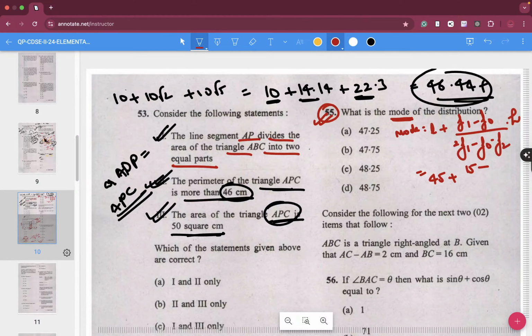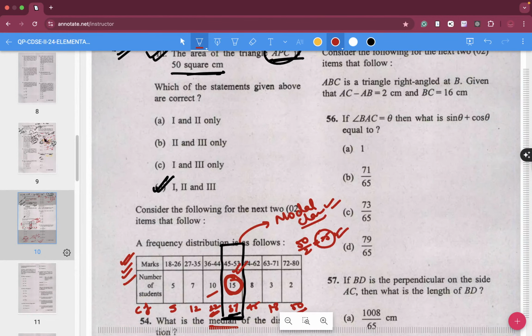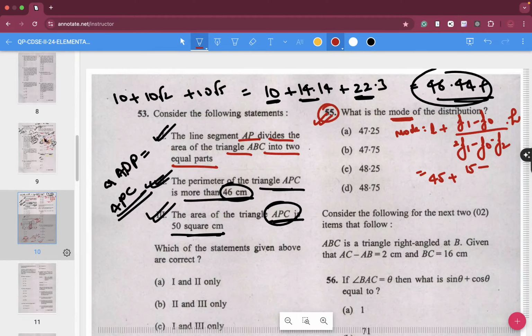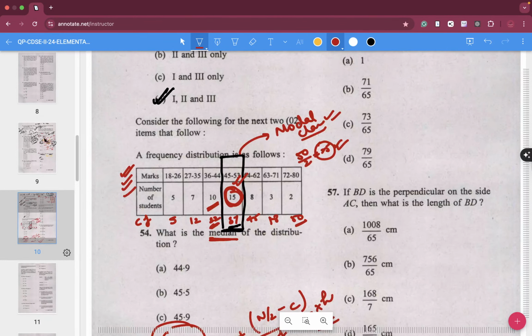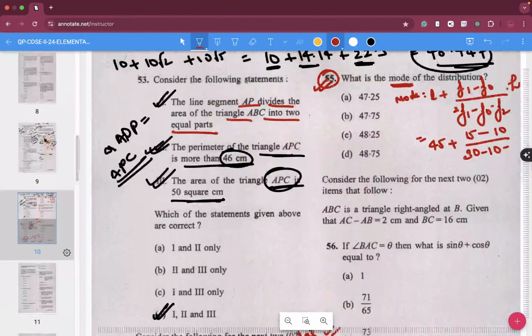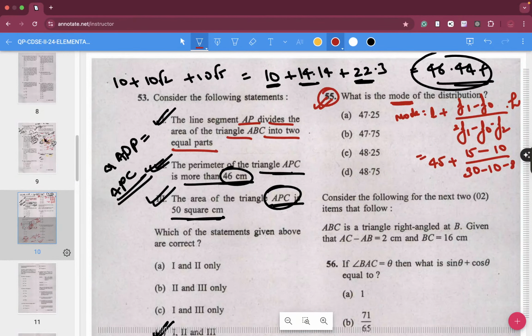And f0 comes before f1, so f0 is the frequency of the class just before the modal class, so minus f0, which is 10, divided by 2 times f1, which is 30, minus 10, and f2, the frequency of the class just next to the modal class, which is 8, into h, the size of the class, which is 8 over here.